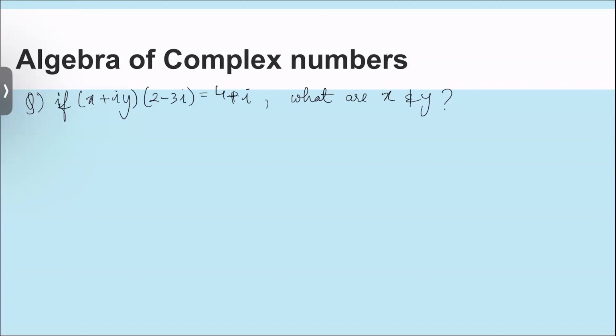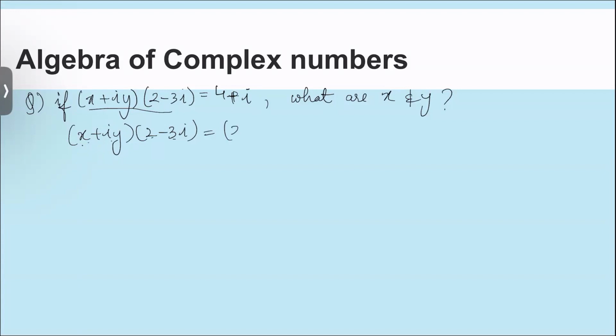Okay, so let's first simplify the left hand side of the statement that we have. So that is x plus iy times 2 minus 3i. Again, AC minus BD plus i times AD plus BC.